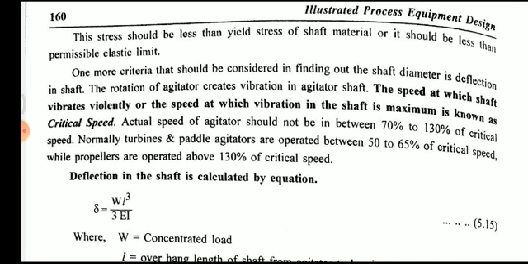Agitators generally work at a lower speed or a medium speed, so due to the rotational speed the agitators create the vibration on the shaft. So the speed at which the shaft vibrates violently, or the speed at which vibration in the shaft is maximum, is known as a critical speed.